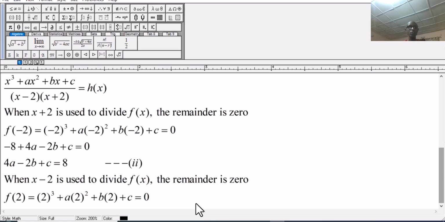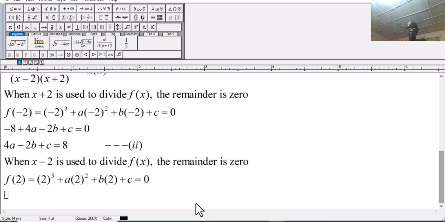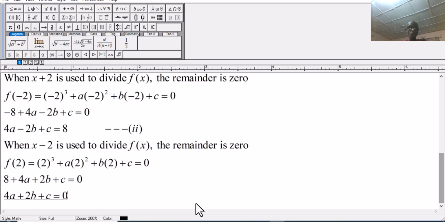So what we have there will be 8 plus 4a plus 2b plus c equals to 0. So we can rearrange this and say 4a plus 2b plus c is equals to minus 8.